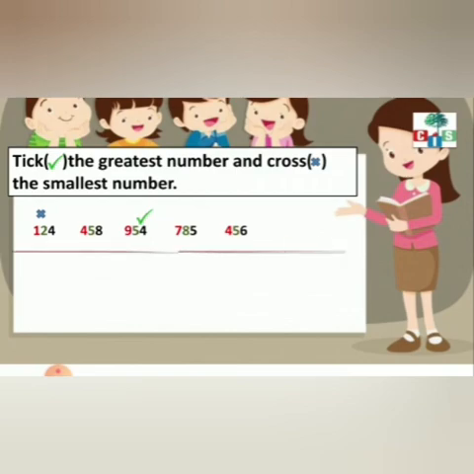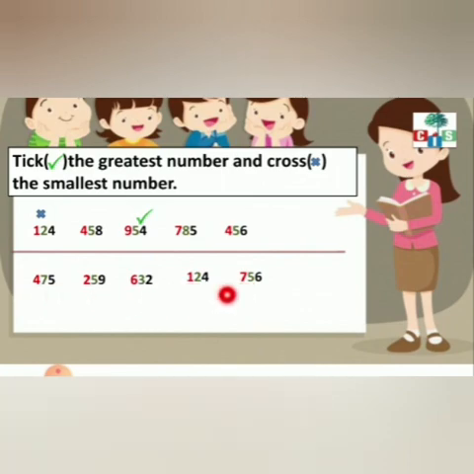Now let's see one more sum. 475, 259, 632, 124, 756. Now look at the hundreds place of each number. Here it is 4, here it is 2, 6, 1, 7.